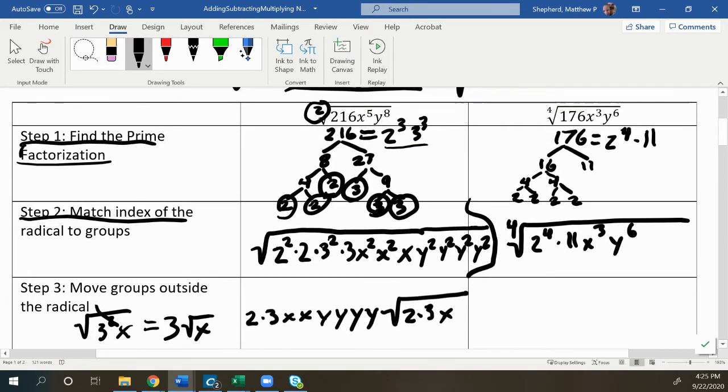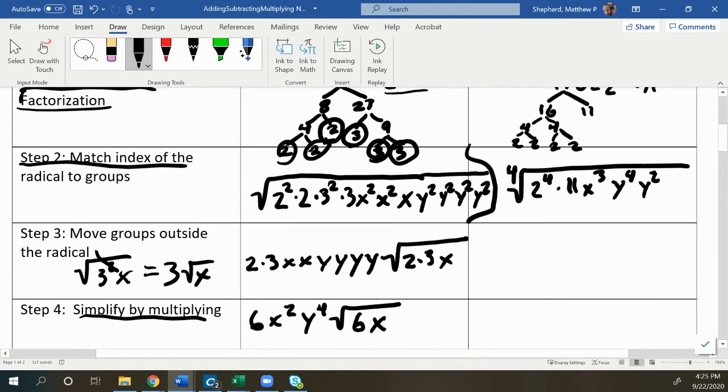Oh, and actually in this step 2, I do want to make one little change. I'm going to make my change to the y to the power of 6. I want to make my index match the radicals, so I want everything I can to get to the power of 4. Well, we have 6 y's, so I can make one group of 4 and one group of 2.